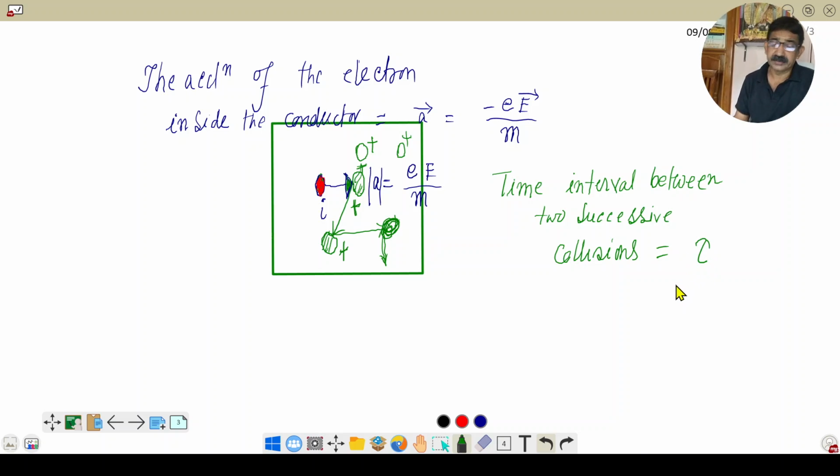Tau is a Greek letter. Remember, it is equal to tau. Suppose this is tau.